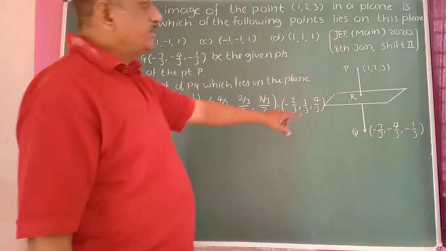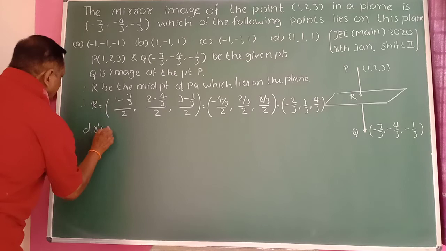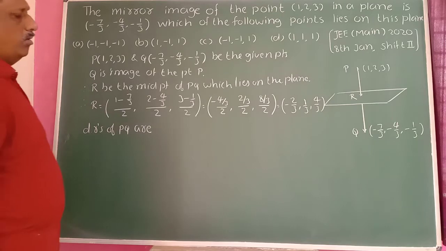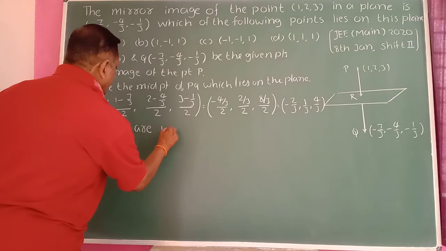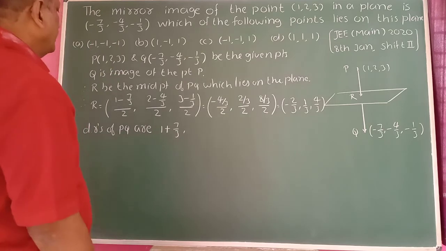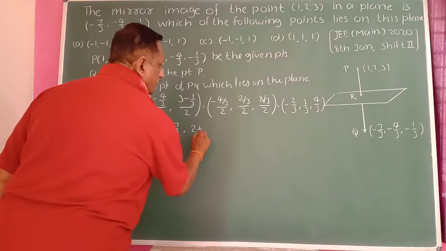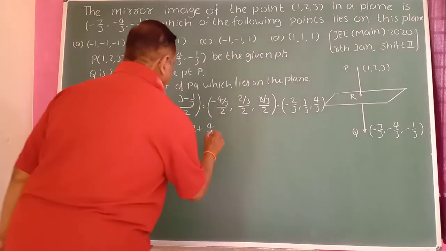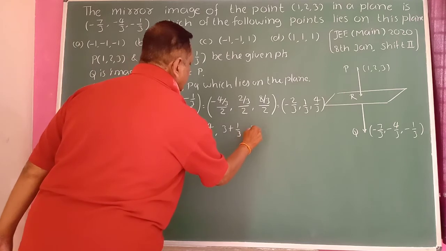Next, to find the direction ratios of PQ. The direction ratios of PQ are this minus this: 1 minus (minus 7/3), minus of minus becomes plus, so 1 plus 7/3; 2 minus (minus 4/3), so 2 plus 4/3; 3 minus (minus 1/3), so 3 plus 1/3.